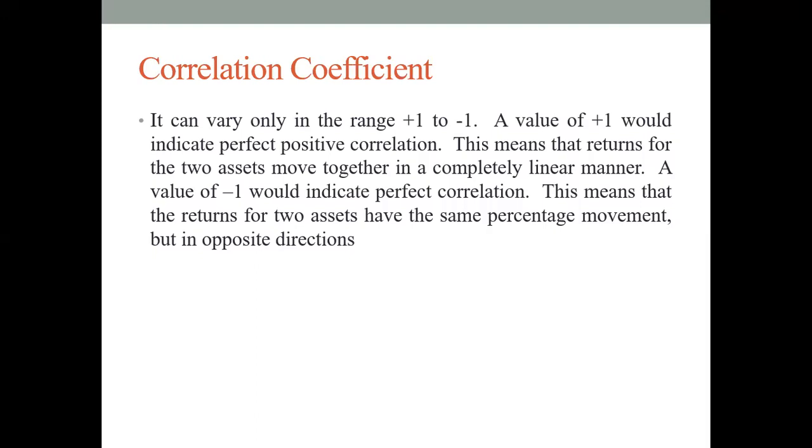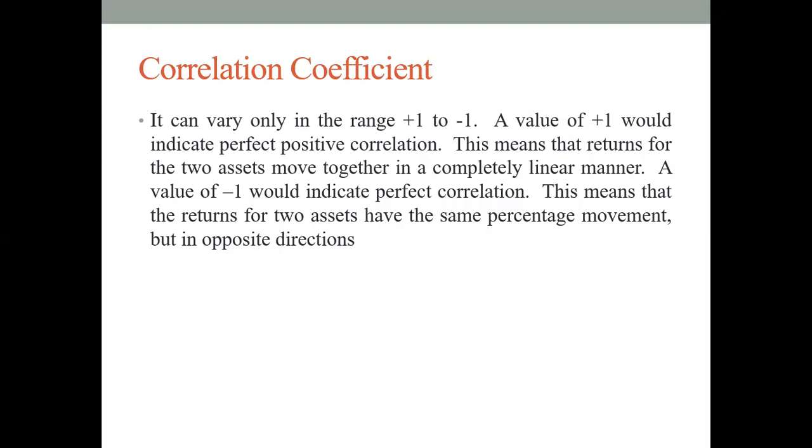And the value -1 would indicate perfect correlation again, but that correlation is a negative correlation. The +1 is a positive correlation, and -1 means the returns of two assets have the same percentage movement but in the opposite direction. If the 50% return of one stock is going to increase, it means the 50% return of the second asset's stock would decrease.